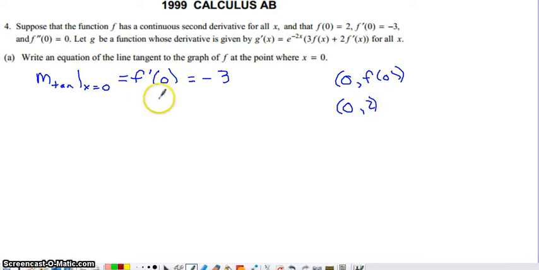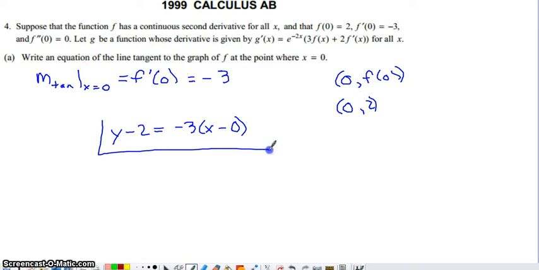All we have to do now is write the equation of a line that has this slope, goes through this point. I'm going to use point slope form, so y minus y1 equals m, which is negative 3, times the quantity x minus x1. So there's point slope form for the equation of the tangent line. If you wanted to write it in slope intercept, as always, that's your choice. But here is a form for the equation of the tangent line.